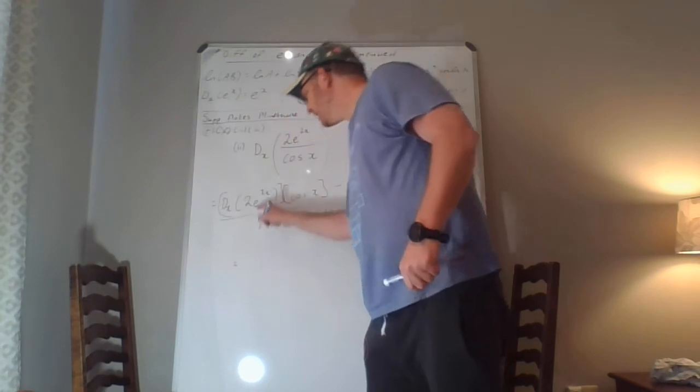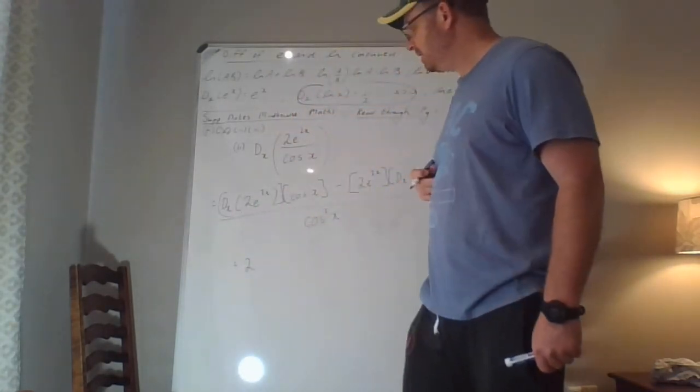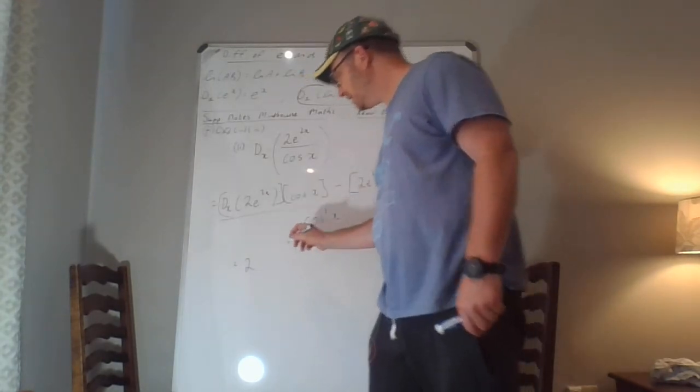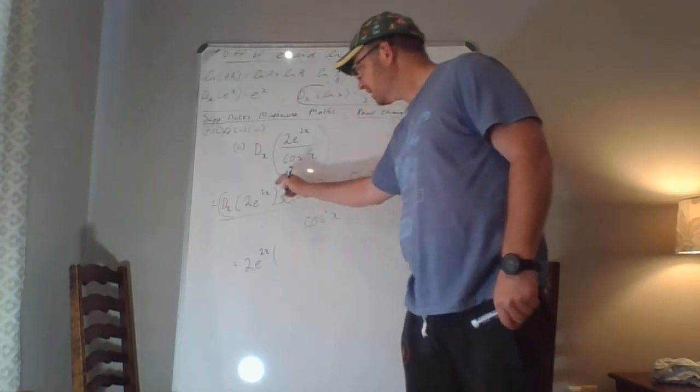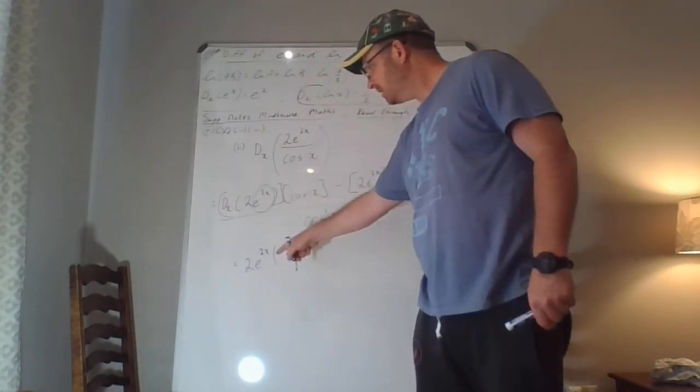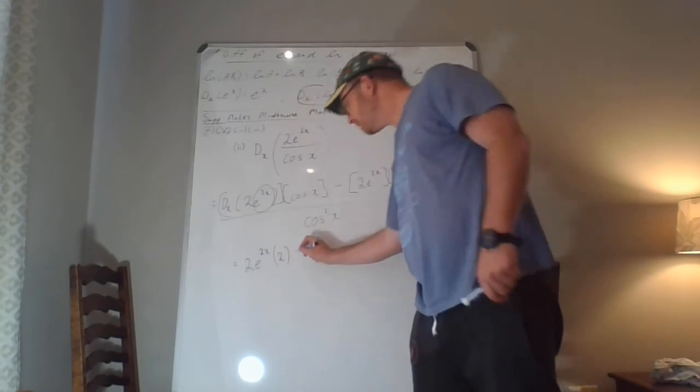If I differentiate that, I keep the 2 there. The derivative of e to the 2x, using the chain rule, is e to the 2x times the derivative of 2x, which is 2, times cos x.